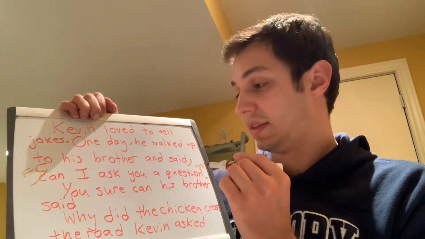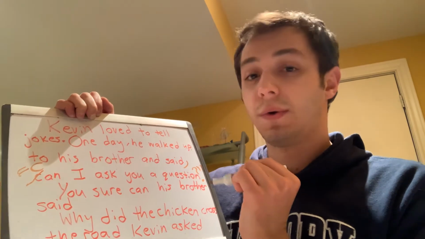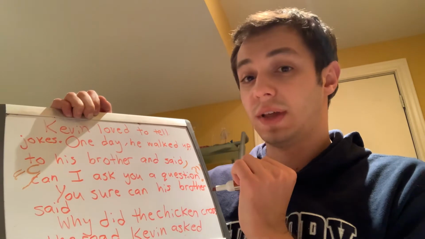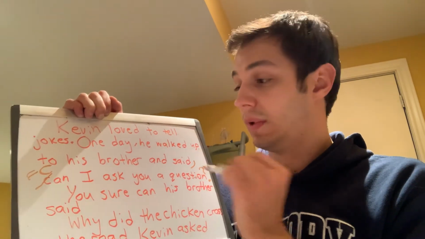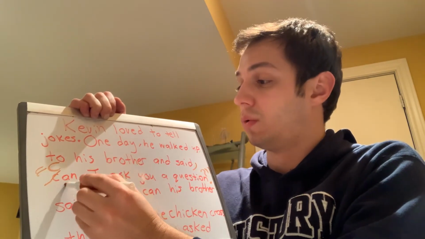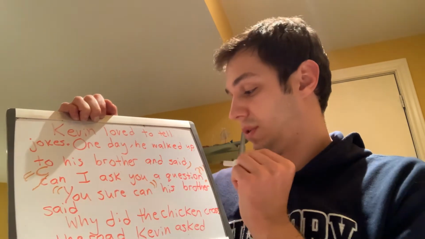The next sentence says, "You sure can," his brother said. Right? So we need to find out the exact words that were said. You sure can are the exact words, and they come at the beginning of the sentence. So I'm going to put my quotation marks right around those words.